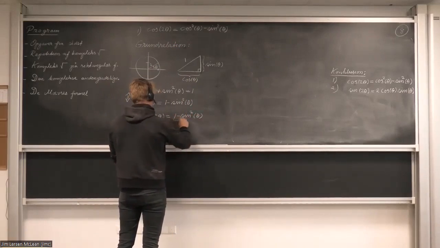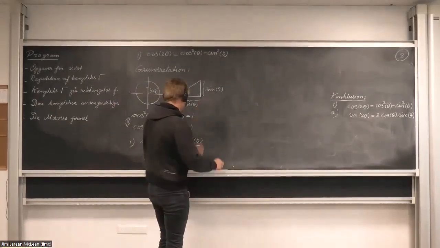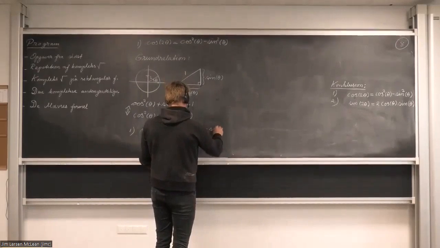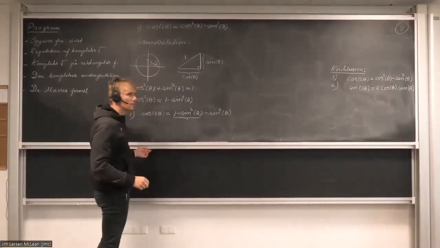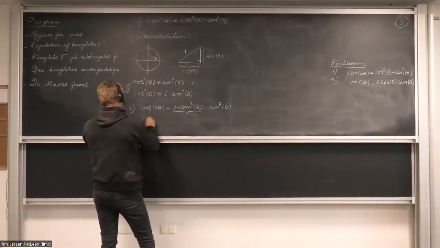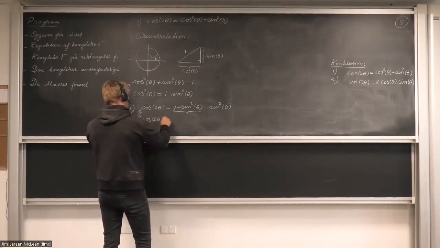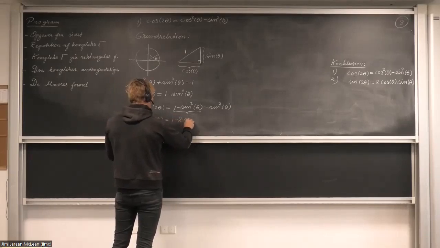So this right here is cosine squared in disguise. And from there, I should subtract the sine squared. So that's what we have then: cosine of 2 theta equals 1 minus 2 times the sine squared of theta.